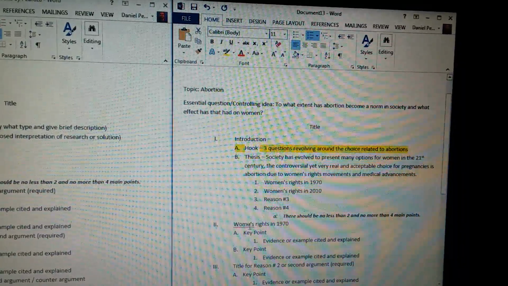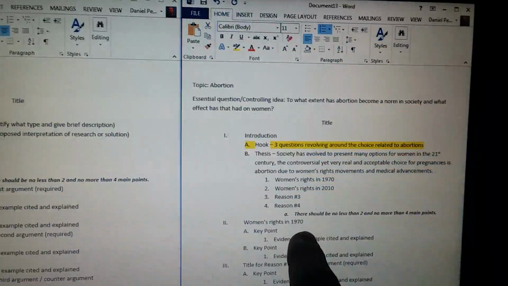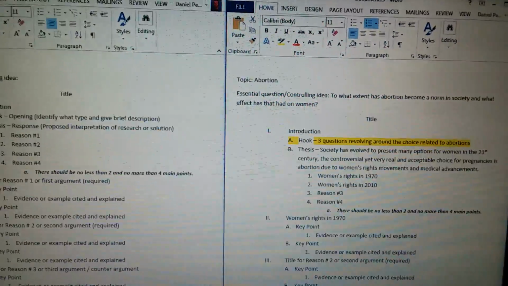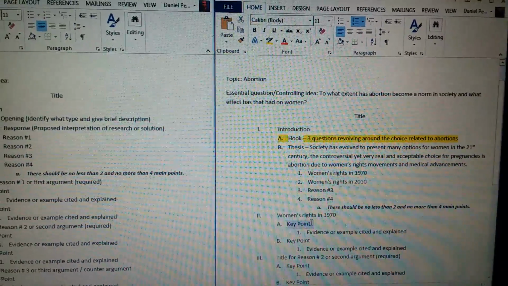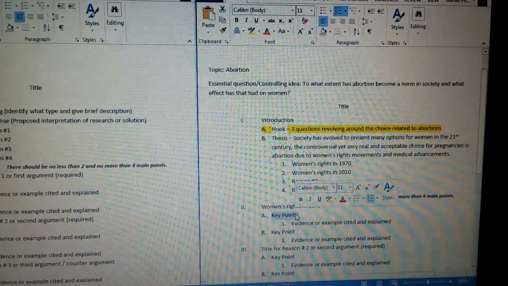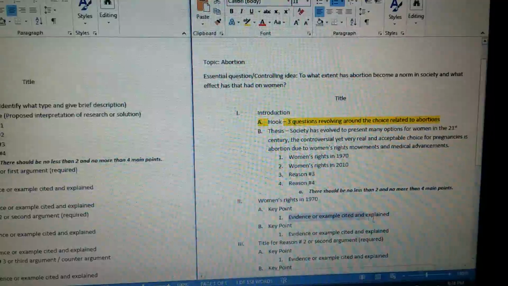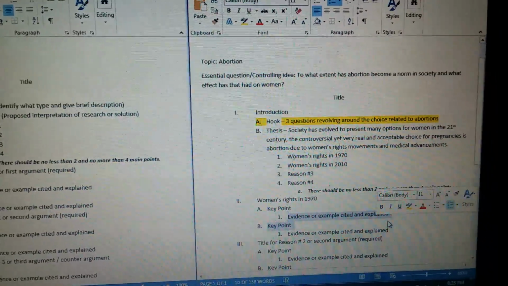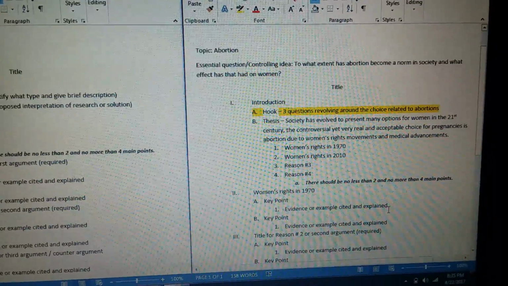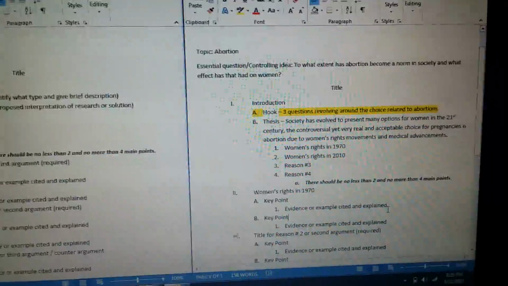Whoops, there's a typo. Women's rights in 1970. And underneath women's rights in 1970, of course, I'm going to have something that I'm going to talk about and provide an example or evidence. Something that I found in a quote, some sort of statistic, something like that. Okay?